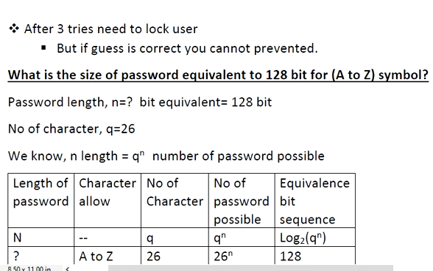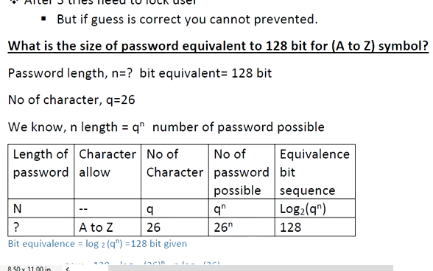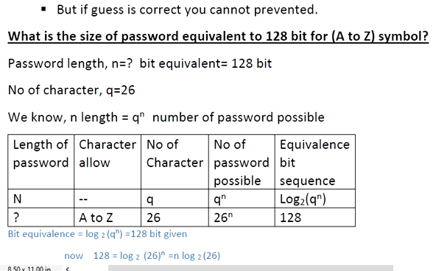Now there is a question: what is the size of a password equivalent to 128 bits from A to Z symbols? First of all, we need to know that the length of the password is n. Then the number of characters we can allow is q, and the number of possible passwords will be q to the power n, and the equivalent bit sequence will be log base 2 of q to the power n.